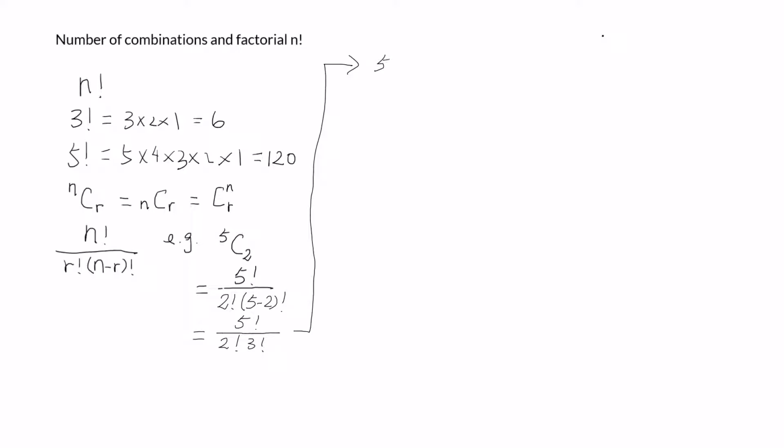Now look at 5 factorial. 5 factorial means 5 times 4 times 3 times 2 times 1, right? And if I just look at this part, this is 3 factorial.